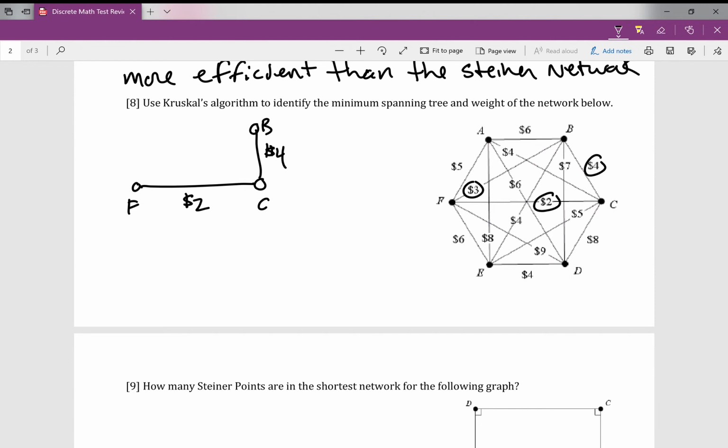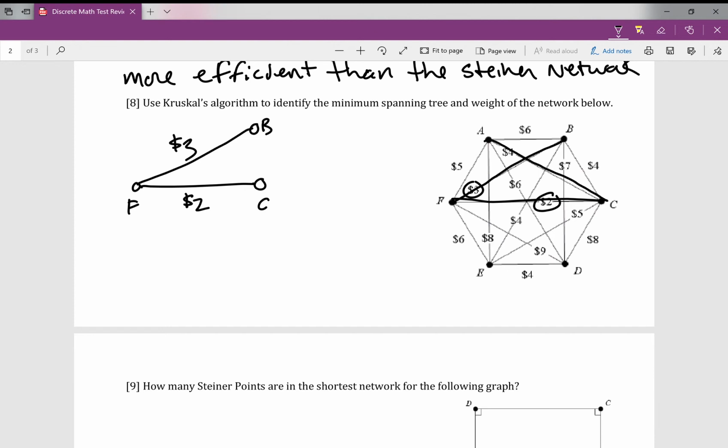So I found 3, which is more efficient than 4. And we'll continue looking for efficient connections.